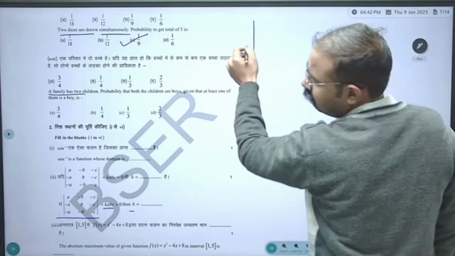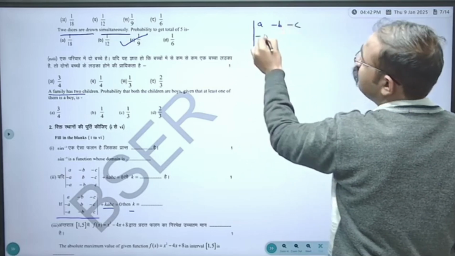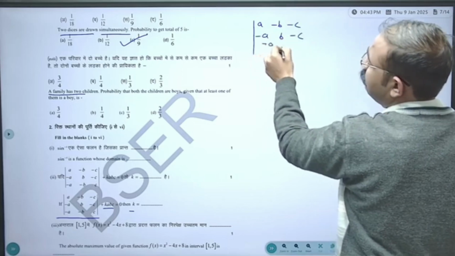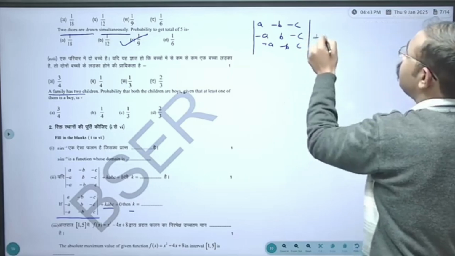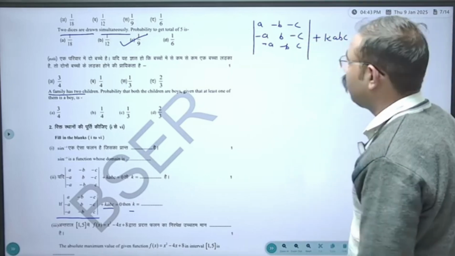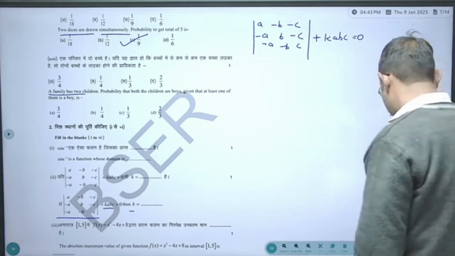Determinant of a, -b, -c; -a, b, -c; -a, -b, c, plus k abc equals 0. We have to evaluate the value of k.